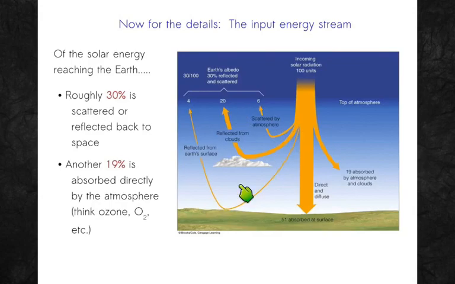And some of it ends up reflecting off of the ground, again, back off to space. So if you put all this together, about 30% of what was coming in just gets scattered and reflected back off to space.